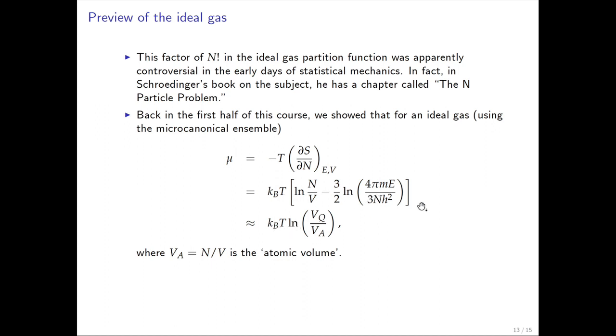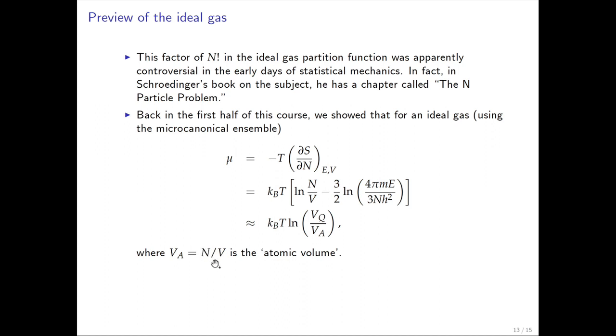If I evaluate this, leaving out a small constant, you see that the chemical potential is approximately, within a small constant, k_B T times the logarithm of this quantum volume that we introduced divided by this so-called atomic volume, which is essentially, this should be V over N. It's the inverse of the density.